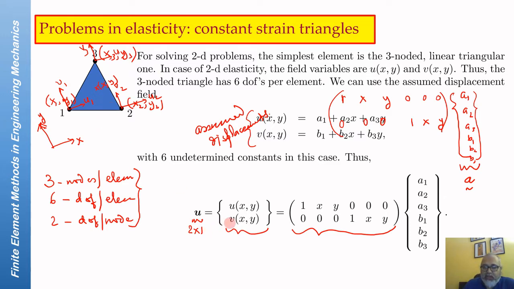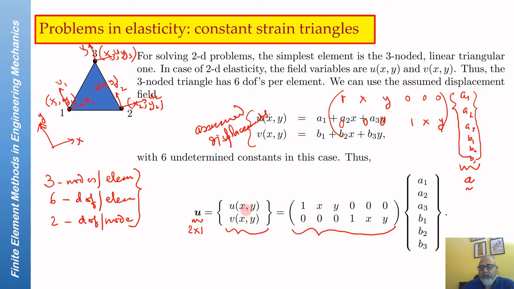Now we demand that if this is how the displacement varies over the element, then at the nodes 1, 2 and 3, these values must be u1, v1 at node 1, u2, v2 at node 2, and u3, v3 at node 3. Which means that if I put x1, y1 in place of x, y, I should get u1 and v1.